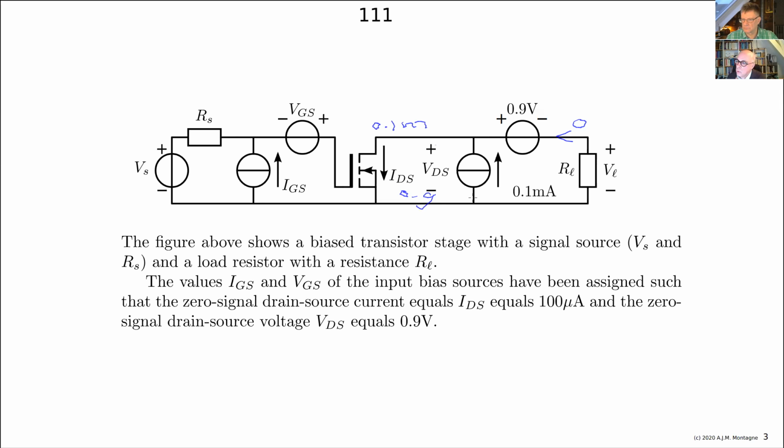But now you see the current is flowing from minus to plus, because here is plus 0.9 and here 0. So the current is flowing the opposite way. The product of the branch current and the branch voltage is negative, so this one is the active source. This one is delivering power. Is it clear?